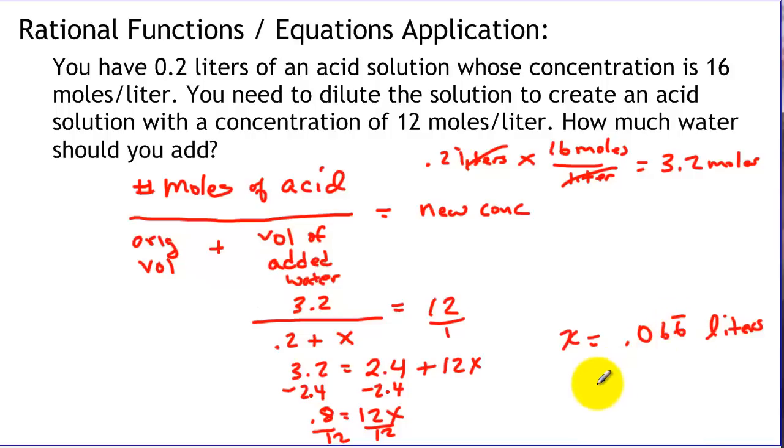So if we round that, that's approximately 67 milliliters of water that we need to add. And that's our solution. So there are lots of mixture type problems that we can work. We use rational functions and rational equations for solving those.